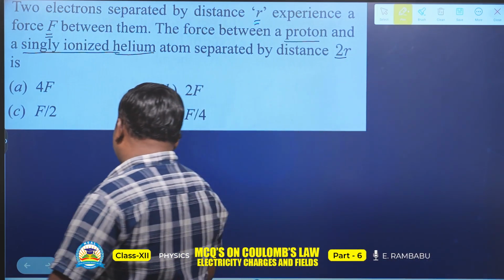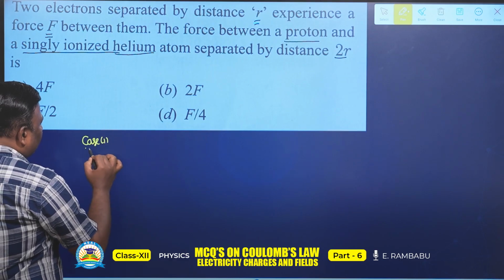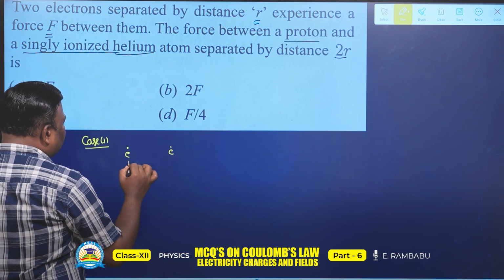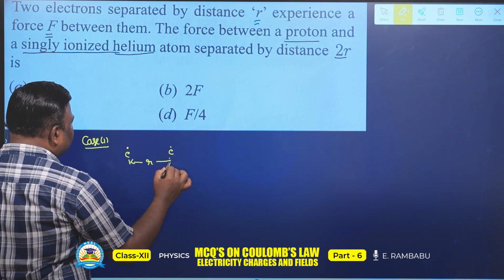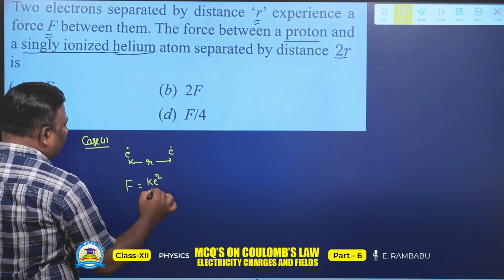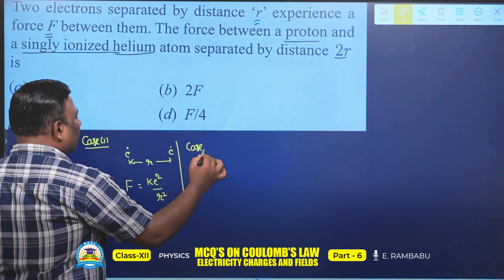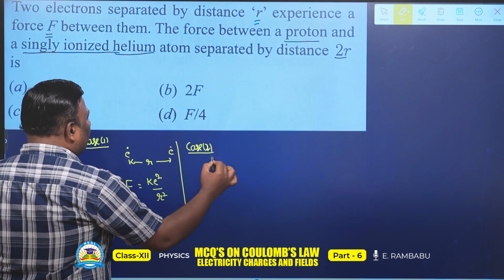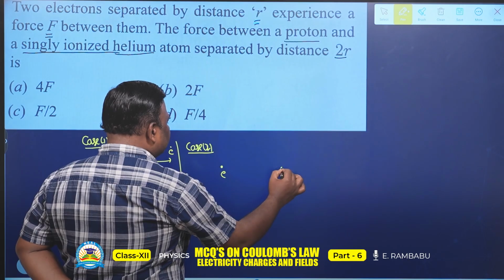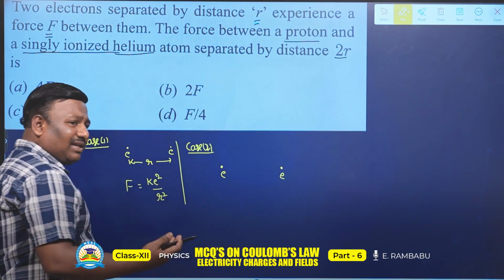First I am going to take case 1. Case 1 is given: two electrons are separated by distance r. Then the force is equal to K into e square by r square. Similarly, case 2: a proton is also having charge e, and in the helium one electron is removed, so this charge is also e.